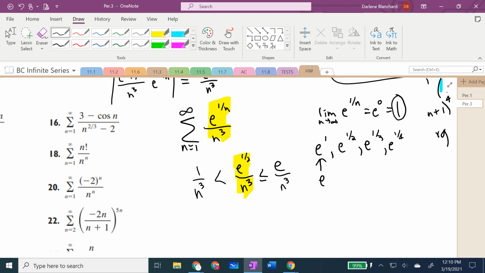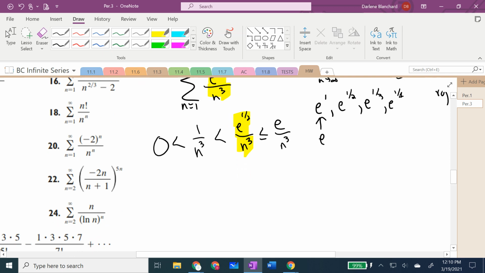So I could go as far as writing this massive inequality, but faster than that, all I really need to say is that, oh, and that should be an n. e to the 1 over n cubed is positive, and it's less than or equal to, actually just less than, but that's okay, e over n cubed.